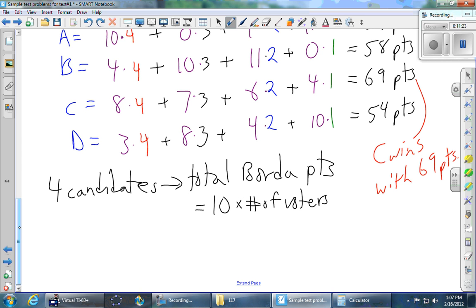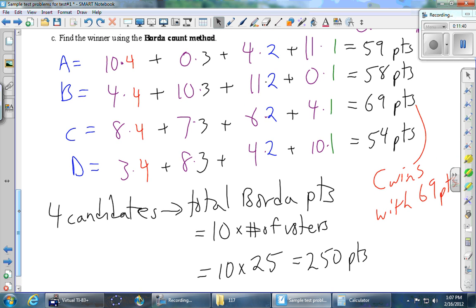But in our case, I think we found up above that the number of voters was 25. So here, we can do 10 times 25 voters. It's 250 points. So if we've done this correctly, then the total of the Borda points for all 4 of these candidates should be 250.